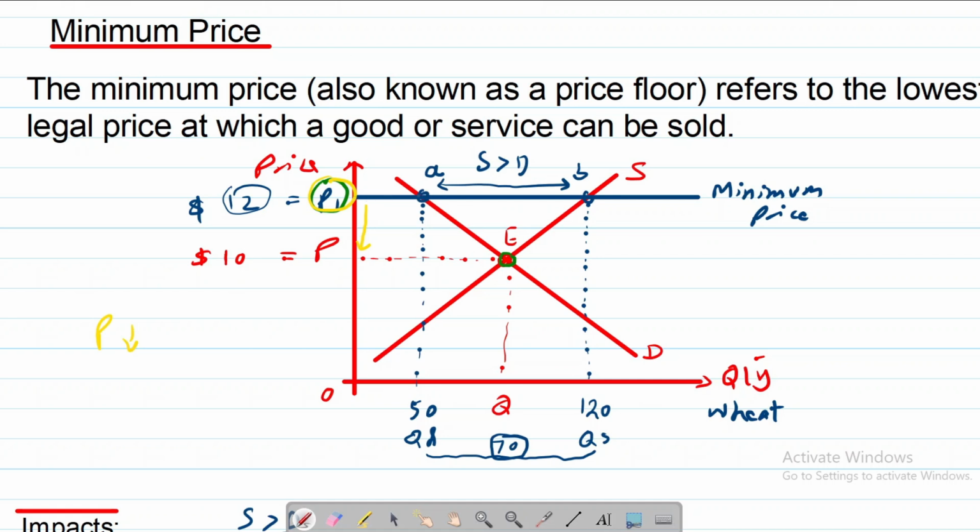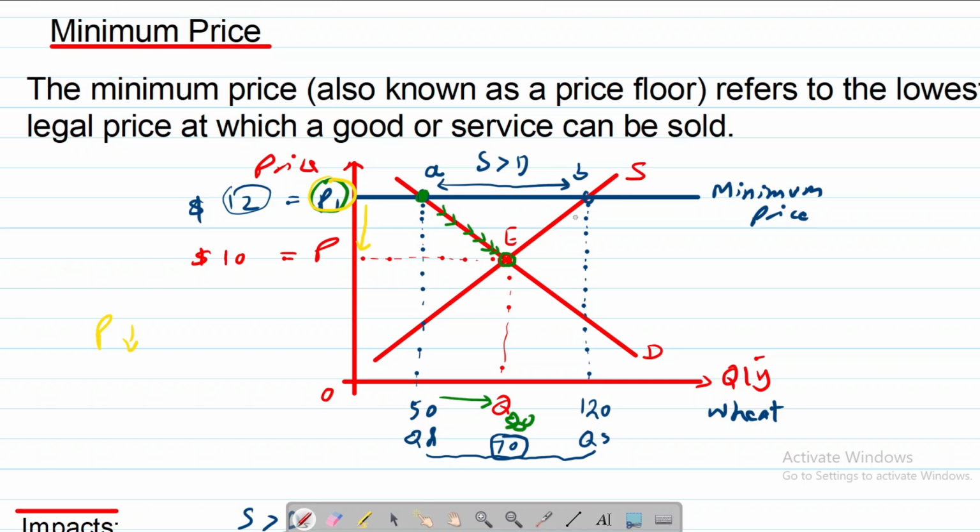At price P1 you can see that quantity demanded was this much, and this should extend or increase from point A to E, or from QD to Q, or 50 to Q, right? This will also be some quantity. Let's say it's 80 units, sorry.